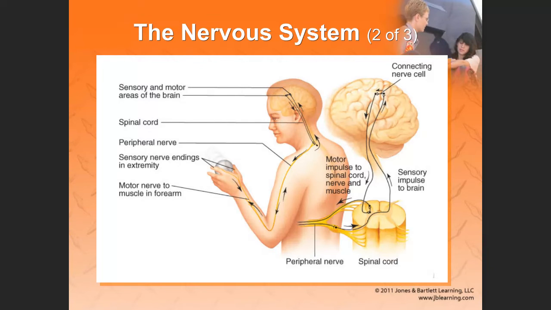Now, one thing that you need to be aware of is a reflex, a spinal reflex. And what a spinal reflex is, it simply is a movement within the body that does not require conscious thought or brain function. So it's a response from the body that bypasses the brain.